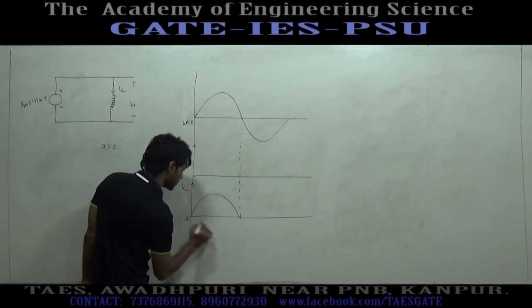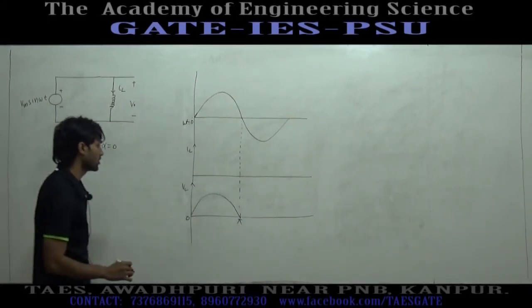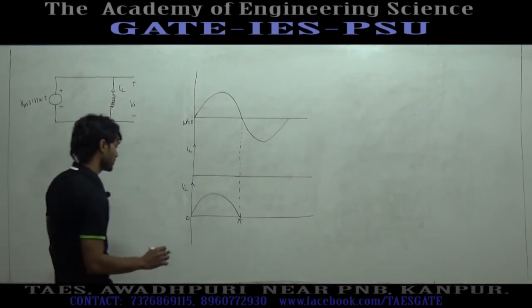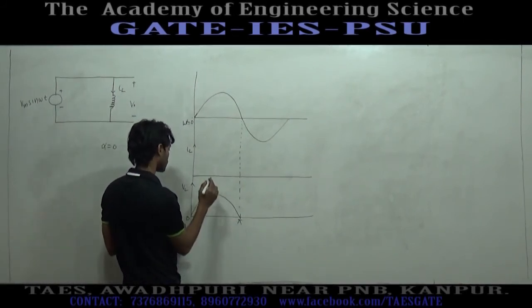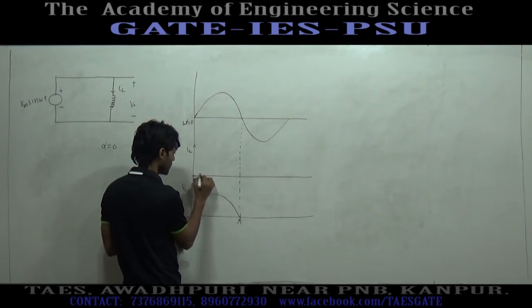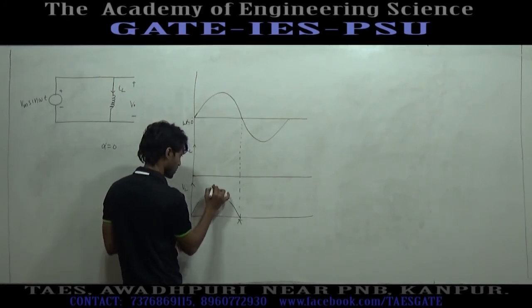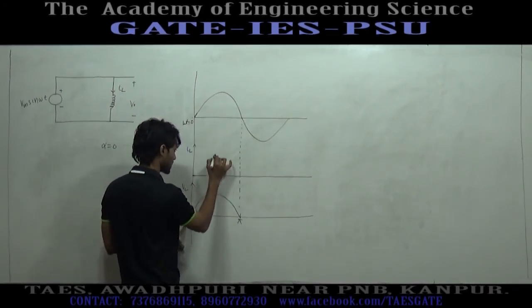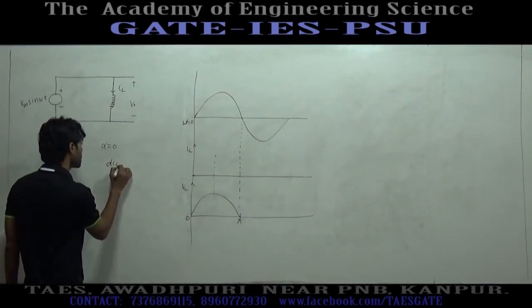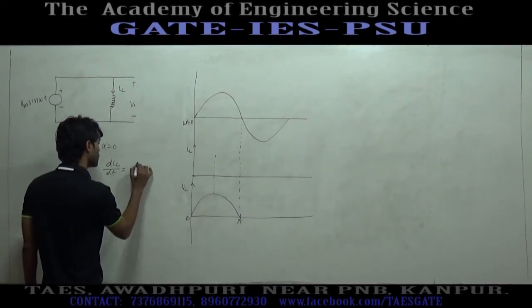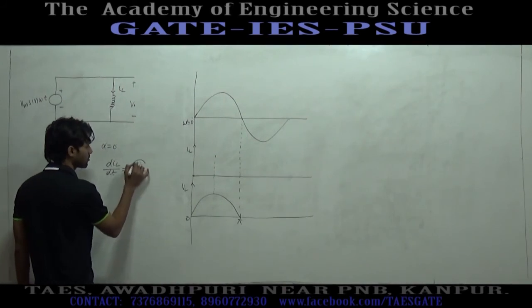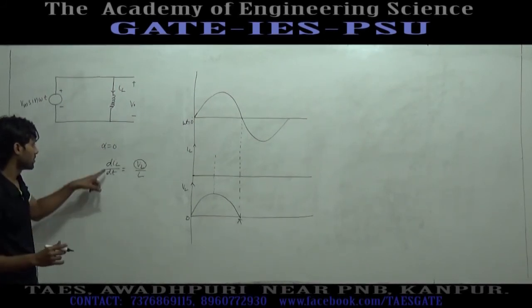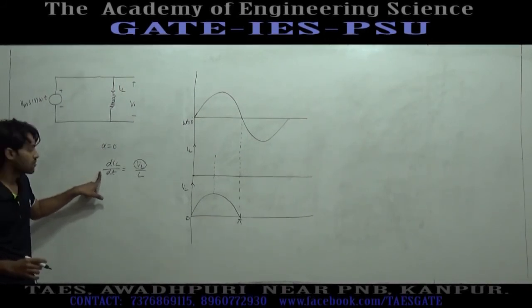Since from 0 to pi the inductor voltage is equal to the input voltage, from 0 to pi the inductor current will rise. Here we again apply dIL over dt equal to VL by L. As long as the voltage is positive, the slope of inductor current will be positive.